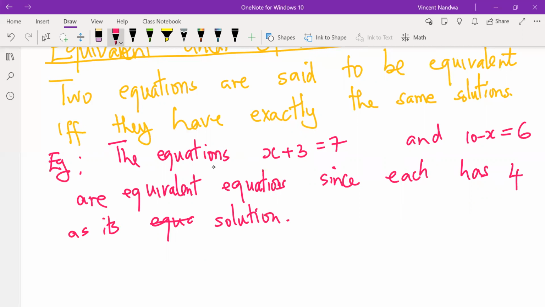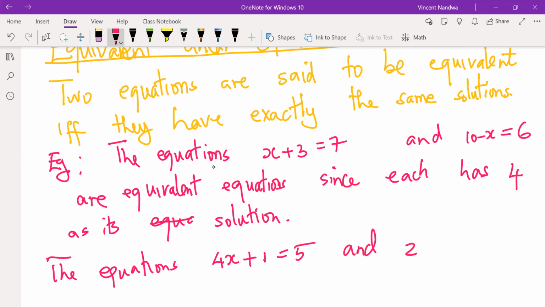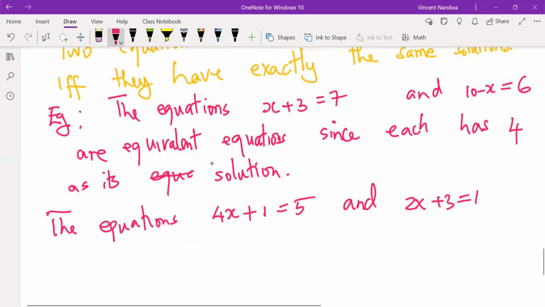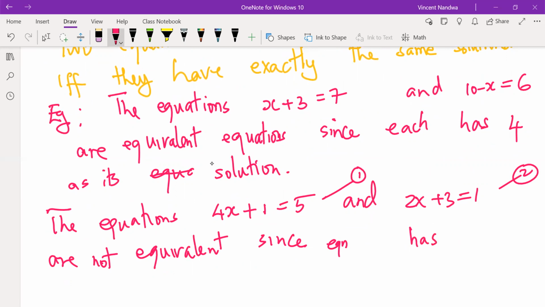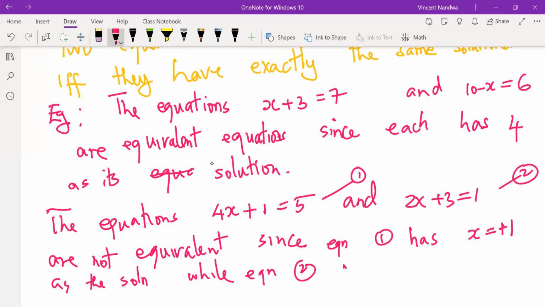But the equations x plus 1 equals 5 and 2x plus 3 equals 1 are not equivalent, since if I call this equation 1 and this one equation 2, equation 1 has x equals 4 as the solution, while equation 2 has x equals -1 as the solution.